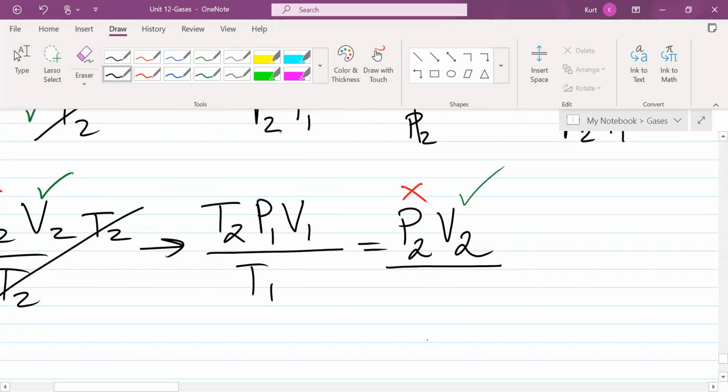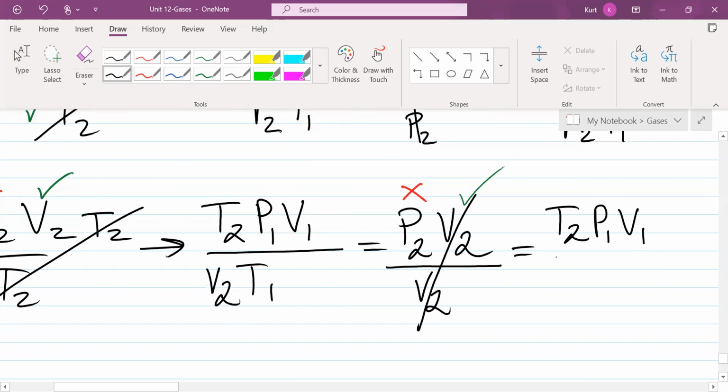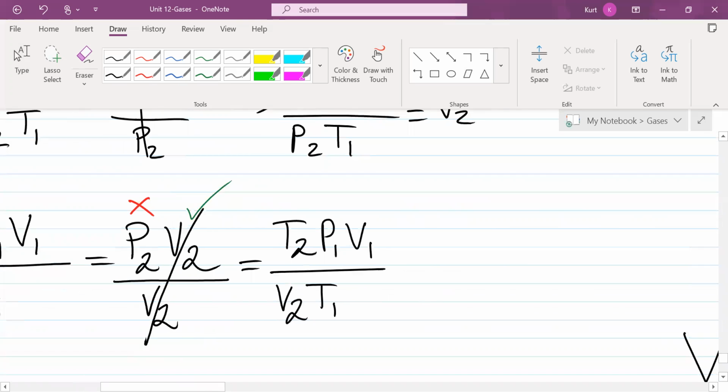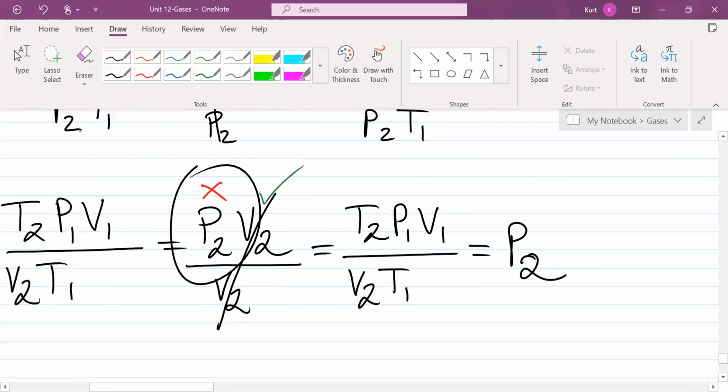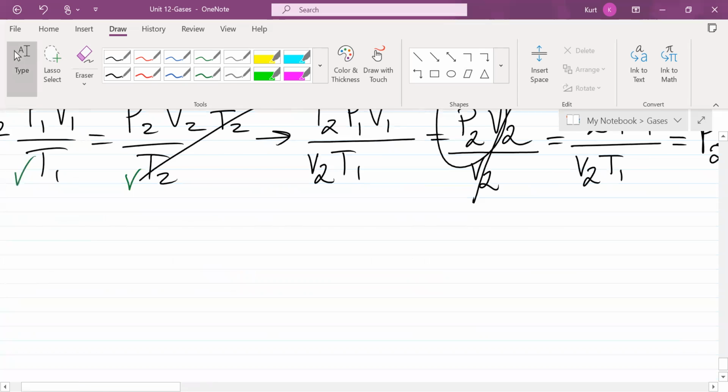What am I going to divide both sides by? V2. That's correct. So V2 is canceled out here. Where will I put V2 on the other side? On the bottom. That's right. So your new final equation is T2 times P1 times V1 over V2 times T1 equals P2. Okay? All right, let's do an example problem.